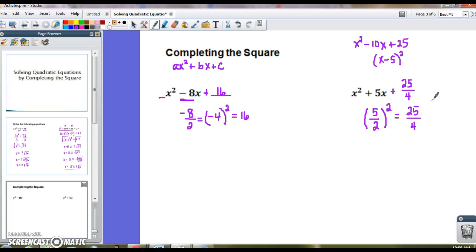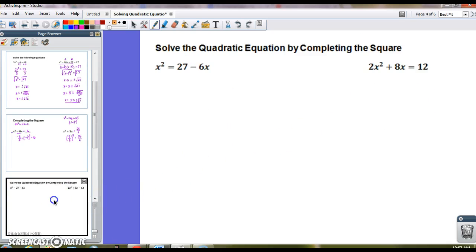And now I'm going to show you how we use that in problems, or how we use that to actually solve for x. Now, I'm going to solve the quadratic equation by completing the square. So, look at this first one here. On the left, I have x squared equals 27 minus 6x.